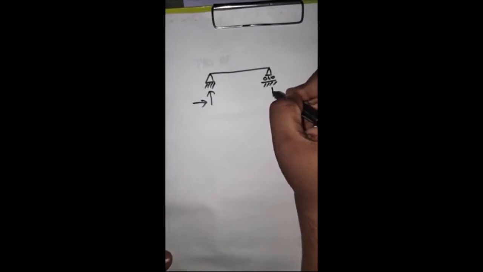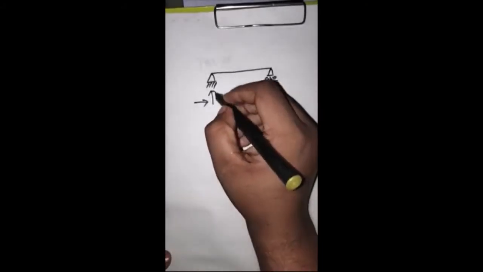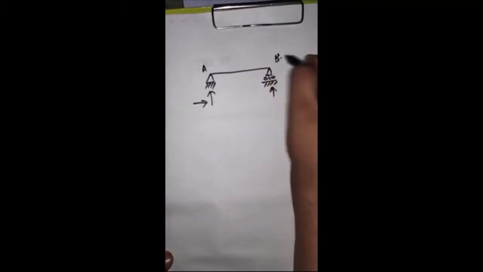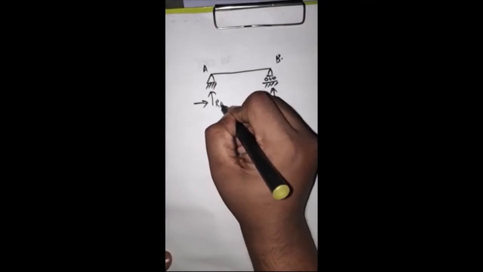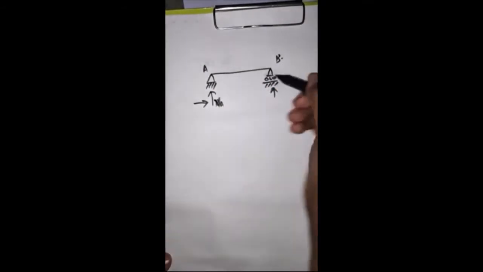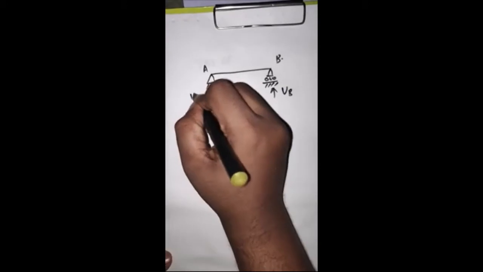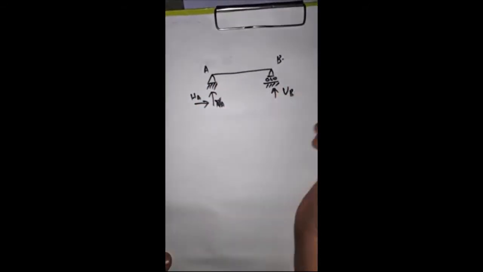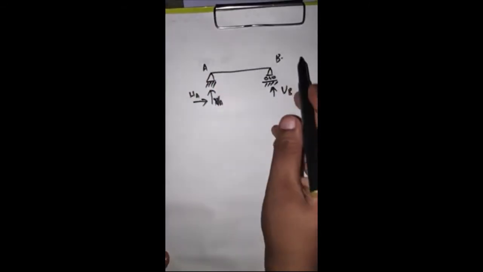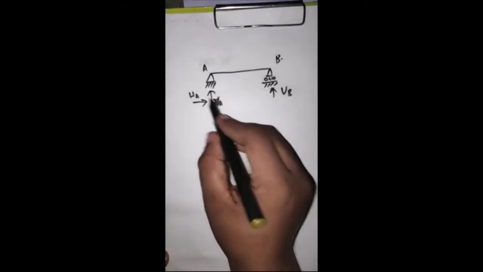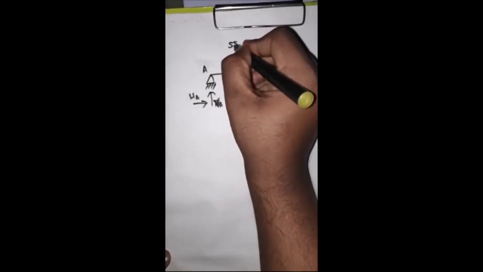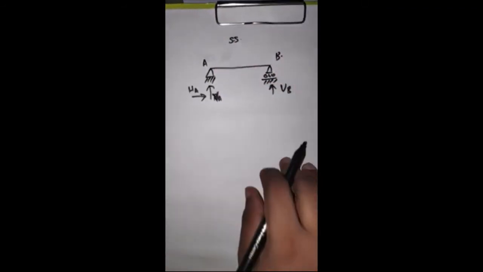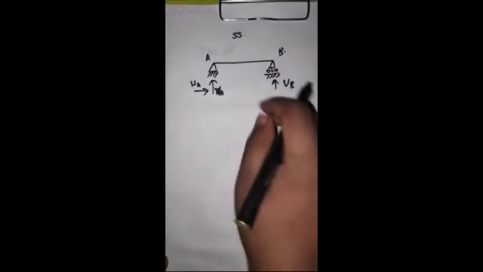Here there will be only a vertical reaction. Let the supports be A and B. So for example, let it be VA, this is VB and HA, the horizontal reaction. In the case of a simply supported beam, it will be like this. Simply supported beam is also called SS beam, sometimes.